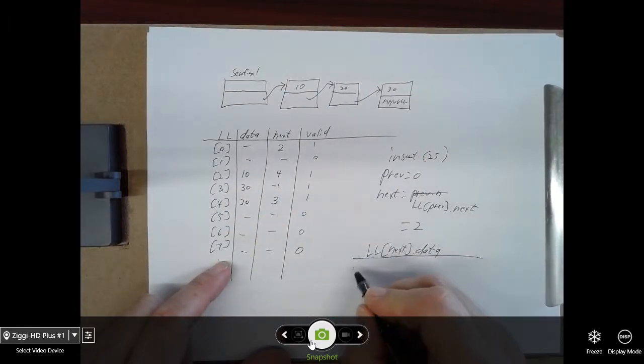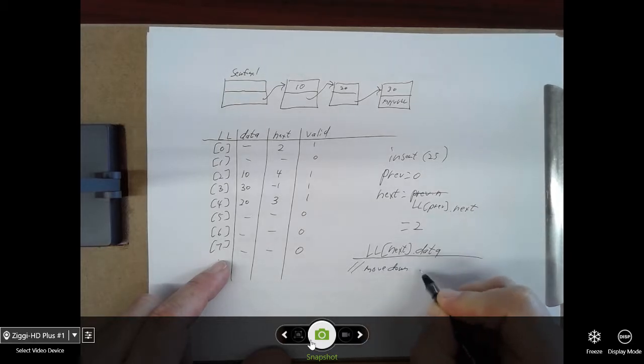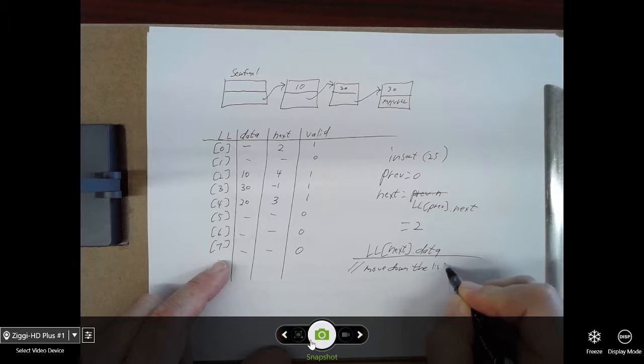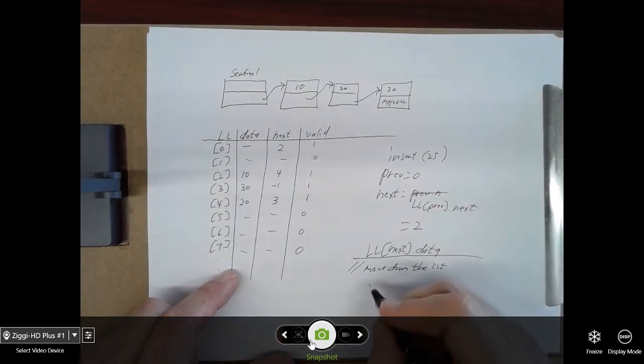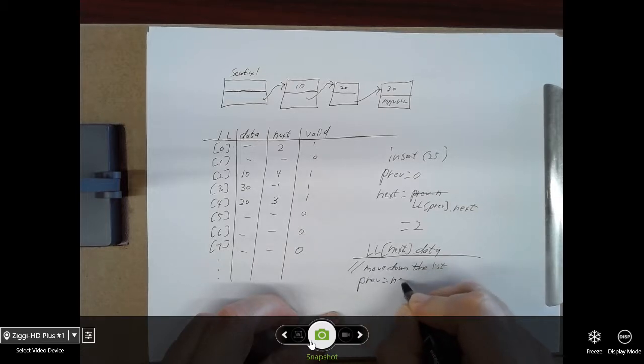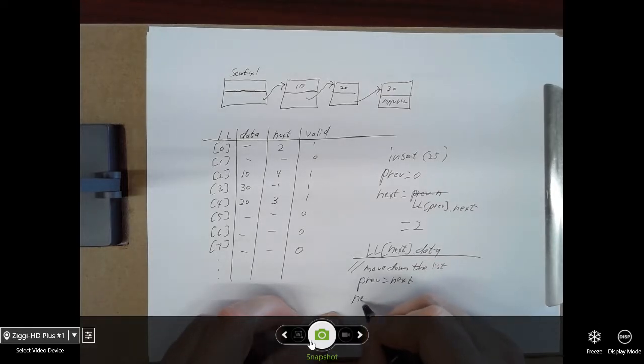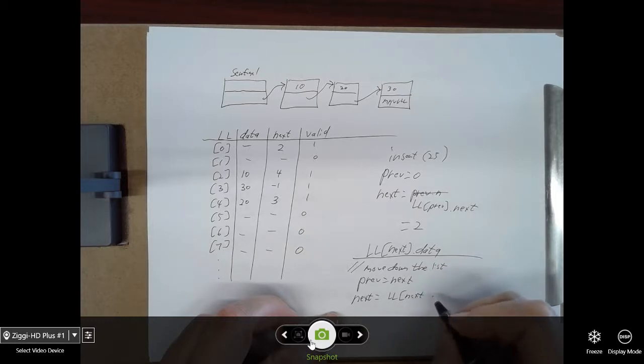So now we move down the list. And we do two things. We say previous equals next, and we say next equals LL next dot next.